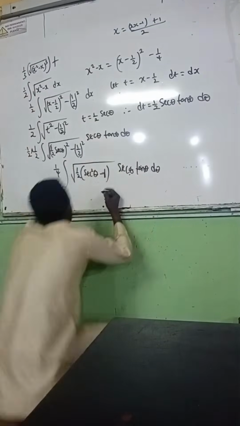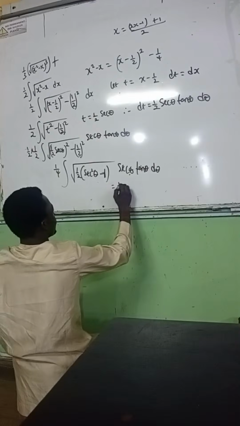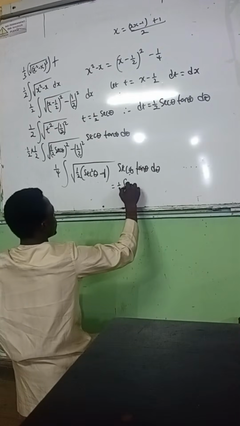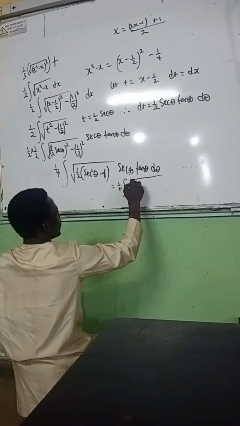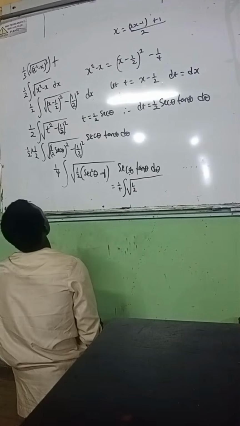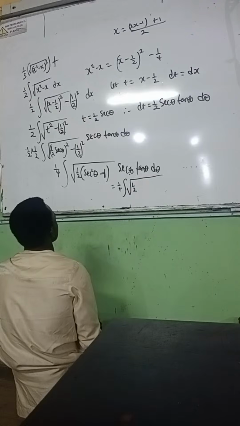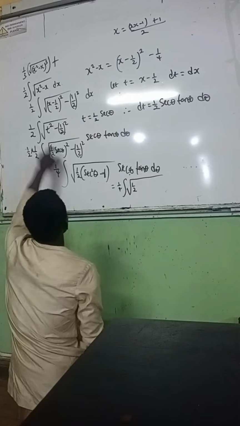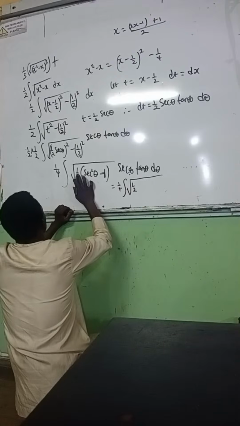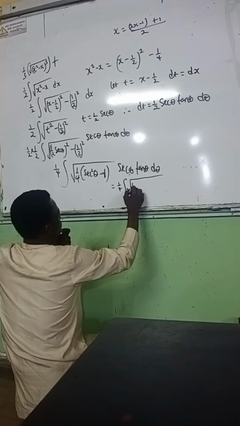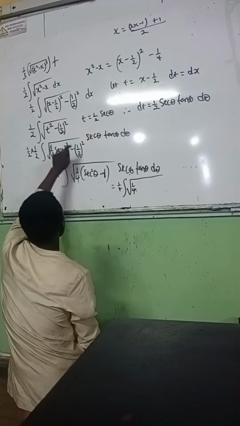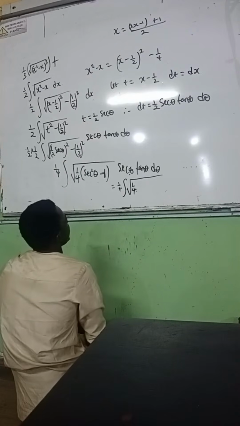So at the end of the day, we are going to get 1 over 4 integral of square root of 1 over 2. So this should be 1 over 4, because we square this 1 over 4 here.